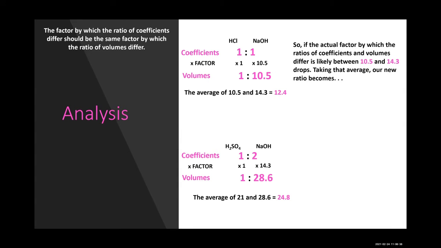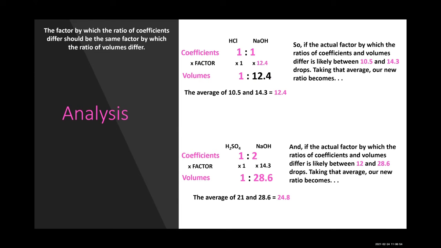So if the actual factor by which the ratios of coefficients and volumes differ is likely between 10.5 and 14.3, taking that average, our new average ratio becomes 1 to 12.4. And if the actual factor is likely between 21 and 28.6 drops, taking that average, our new ratio becomes 2 to 24.8. 1 to 12.4 equals 2 to 24.8.